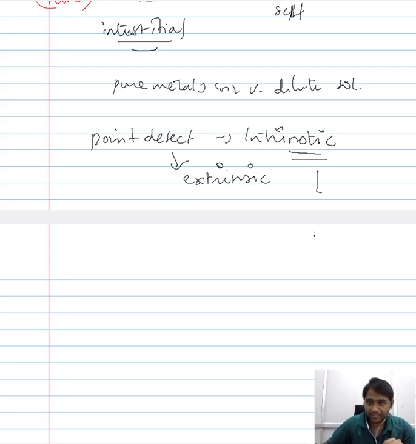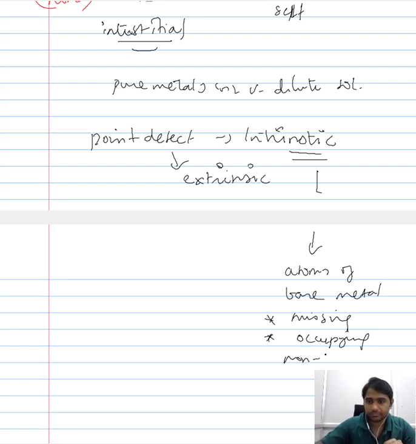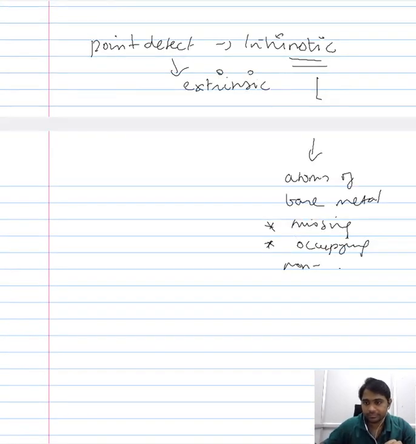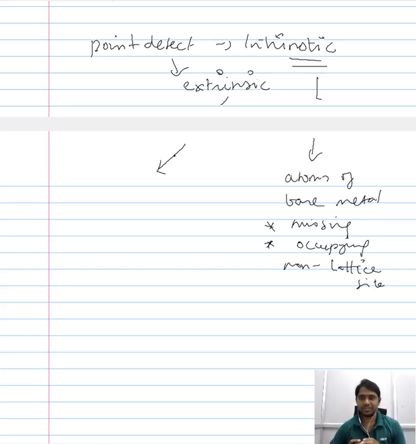Intrinsic point defect, it is the atoms of base metal that is missing or occupying non-lattice site.